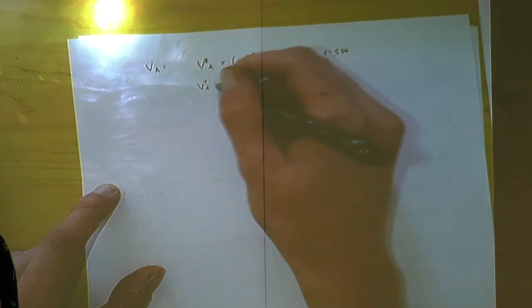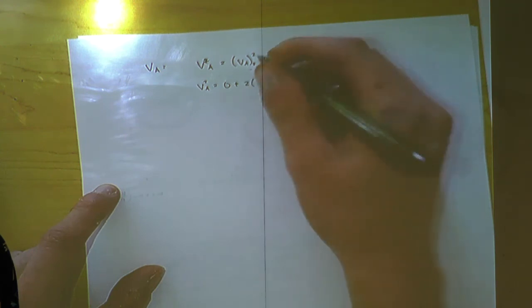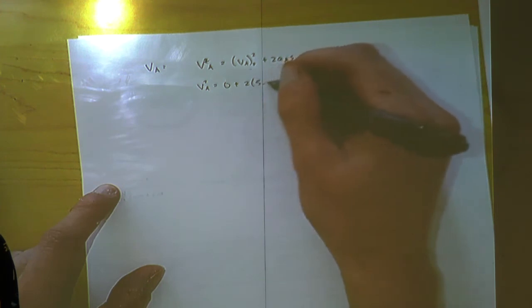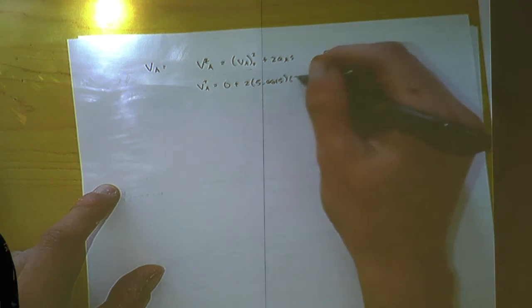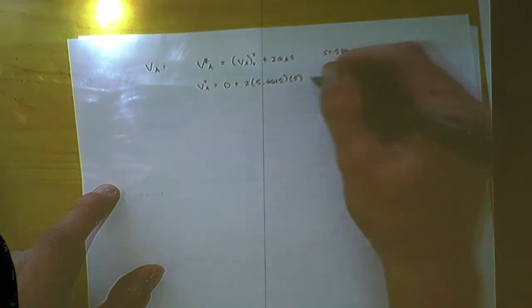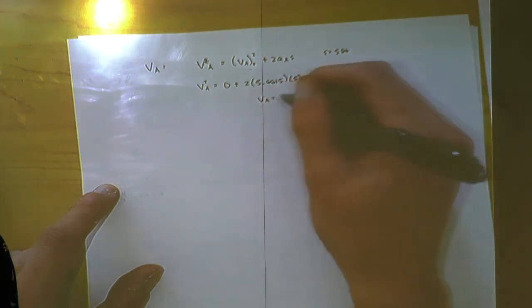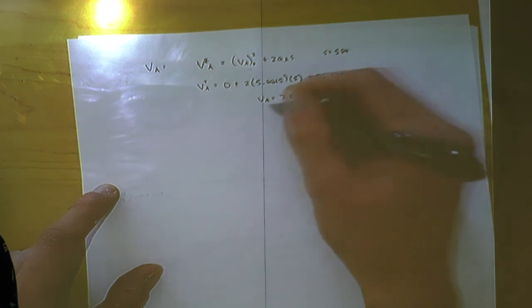So VA squared is equal to 0, since it was started from rest, plus 2 times the acceleration we solved for times the given 5 feet, and that's 56.6154. Take the square root of that and you get 7.5243 feet per second.